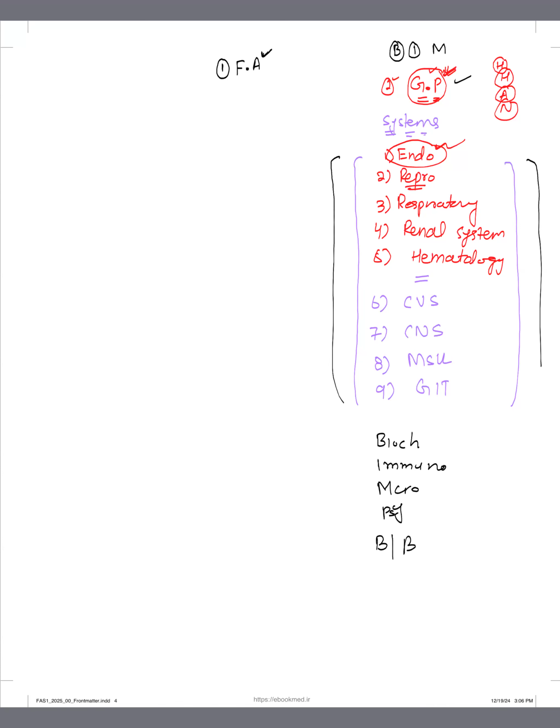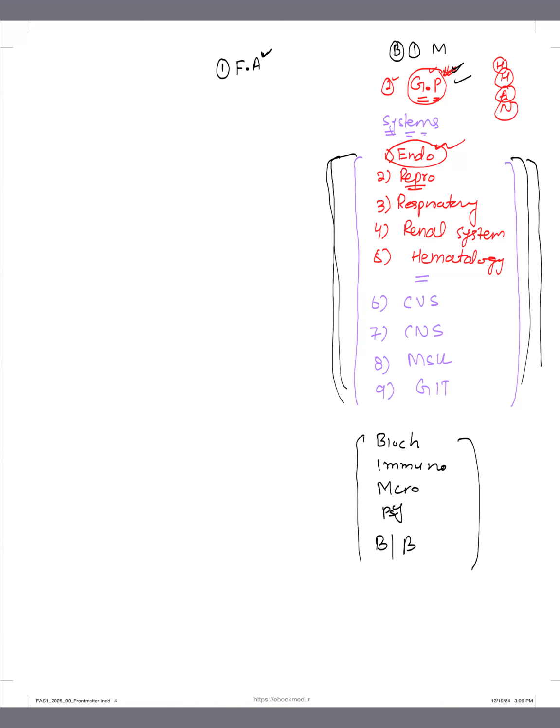Different people use different approaches, but personally I use the same pathway. When I was preparing for my exam, I started first from general pathology. After completing general pathology, I completed all the systems in that sequence. Then after completing all the systems, I finished these things. This is the overview in which you are going to start your preparation.